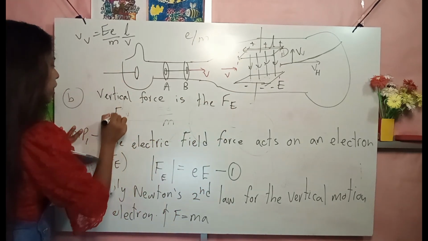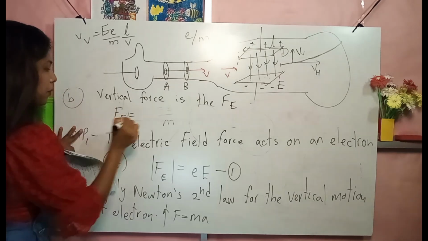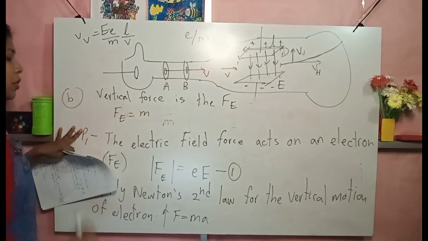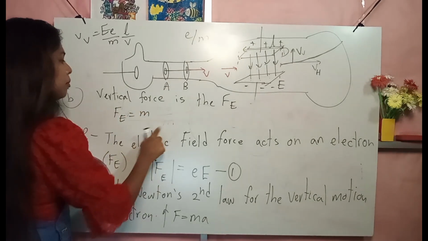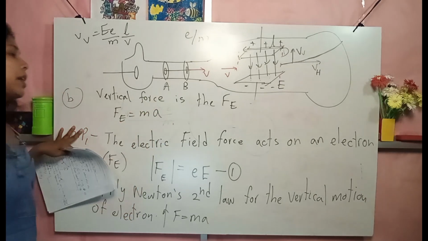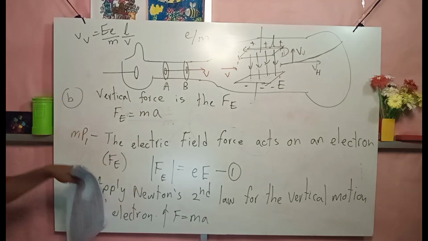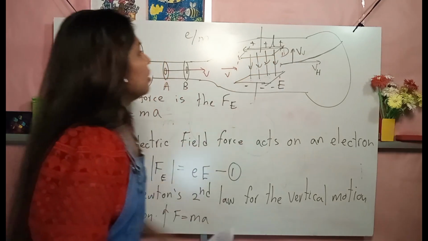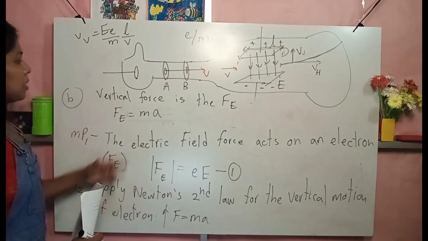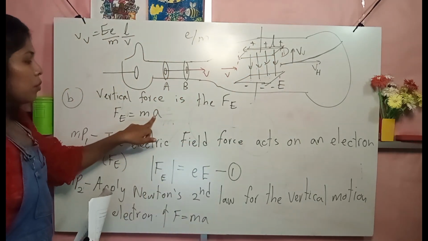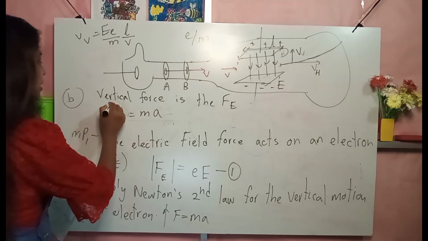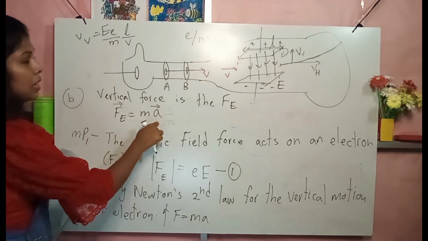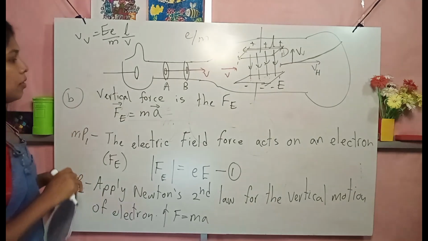So Fe equals the mass of the electron multiplied by the acceleration. But they have provided us the vertical velocity component parameter, so we have to write this acceleration in terms of the vertical velocity.